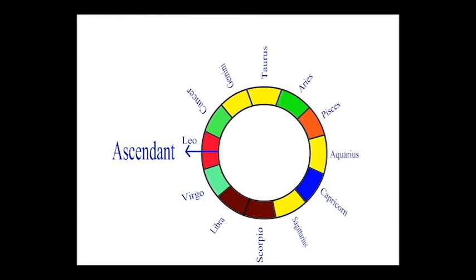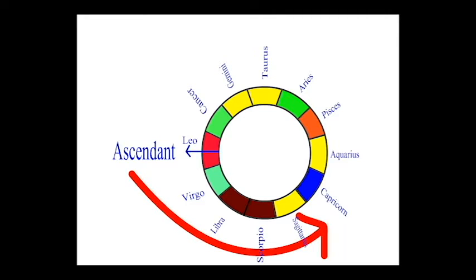The following signs fall in the counterclockwise direction. In this example, we have taken Leo as the ascendant sign, so Virgo, Libra, Scorpio follow it. Here the sign of Scorpio is at the nadir and Aquarius falls at the descendant. Taurus comes at the zenith, which is directly overhead. The planets at the zenith have a powerful influence in one's life.